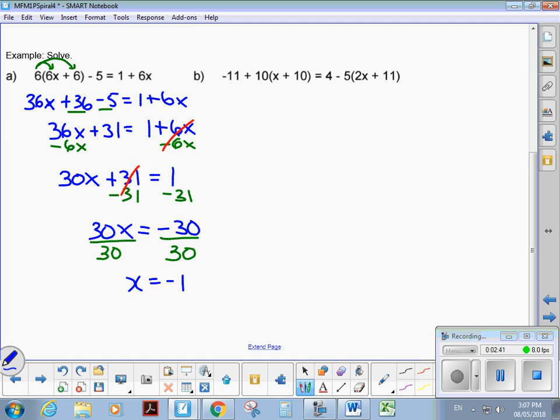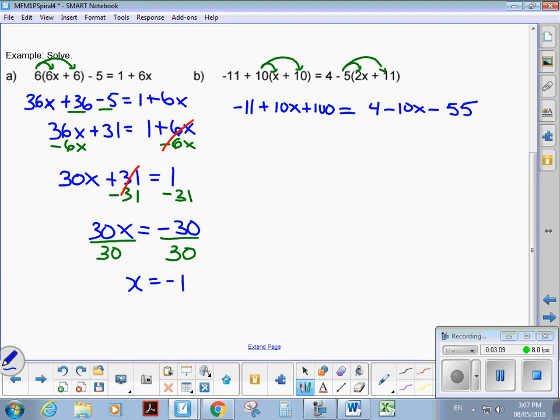Next one, part B. Let's get rid of all our brackets. That's our first step, and this time there are 2 sets of brackets to get rid of. On the one side, negative 11 doesn't change. Multiplying the 10 in, I get plus 10x plus 100. Equals 4 does not change, and I'm going to multiply negative 5 in, so negative 10x minus 55.